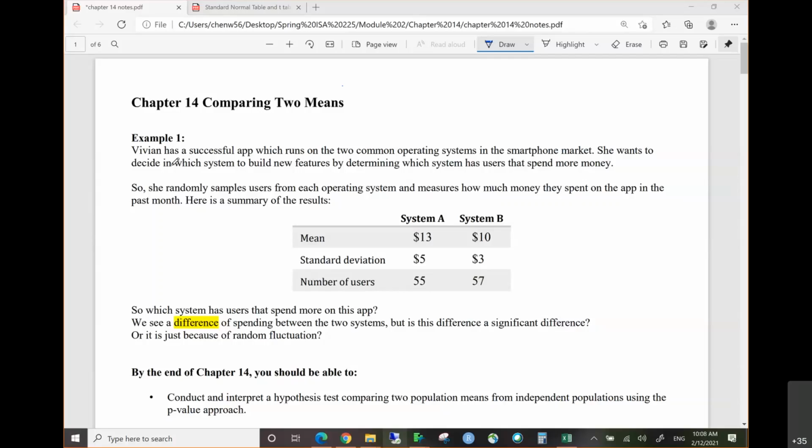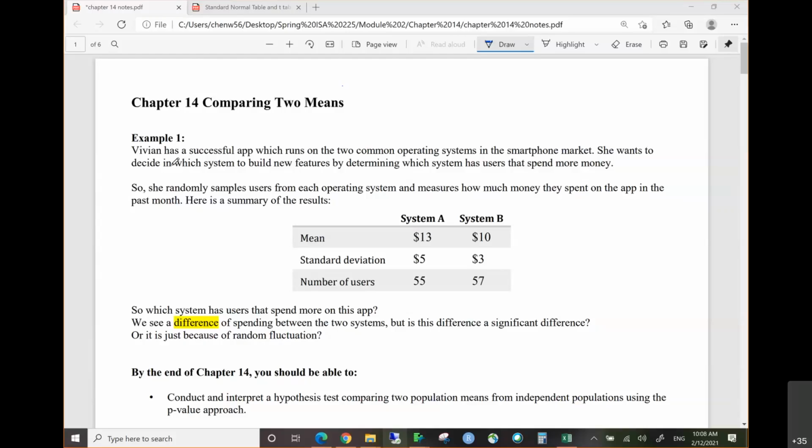To compare these two populations, she randomly selected sample users from each operating system and measures how much money they spent on the app in the past month.